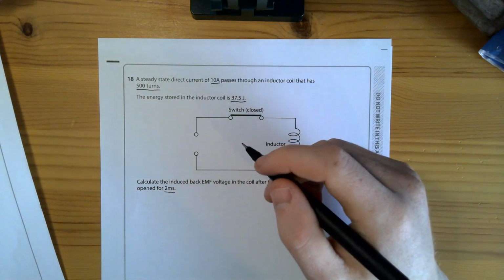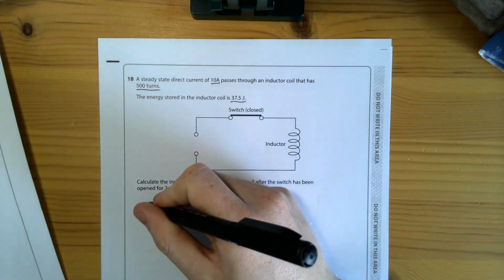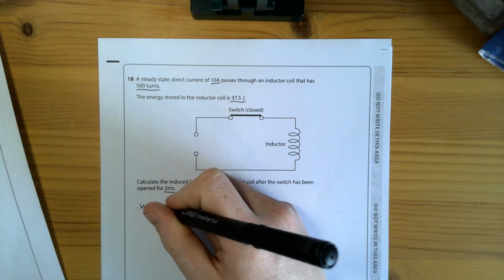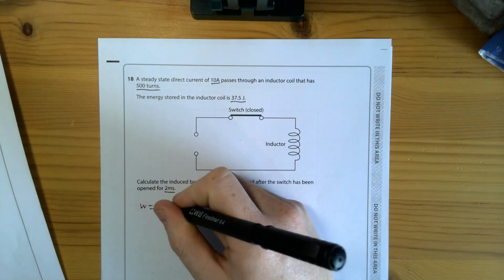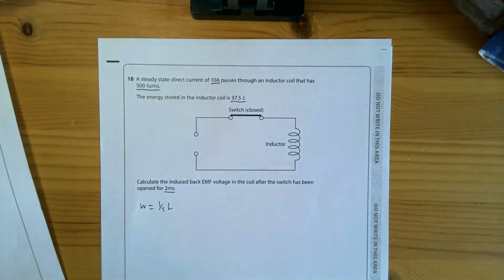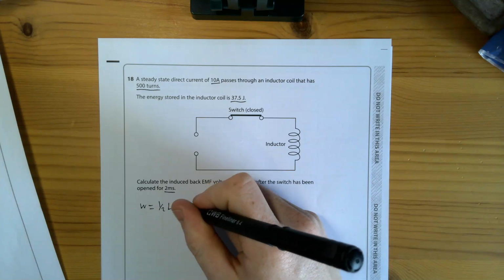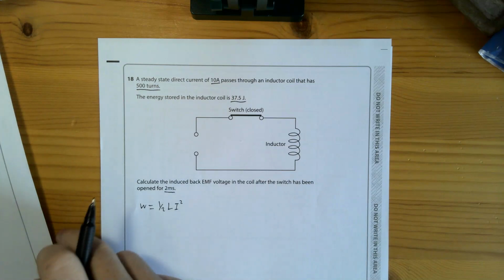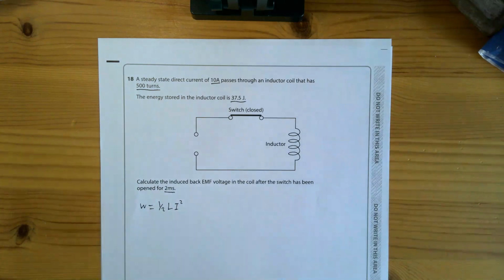W. This is for the energy stored in an inductor equation. W equals a half L I squared. Just popping that aside for a moment.